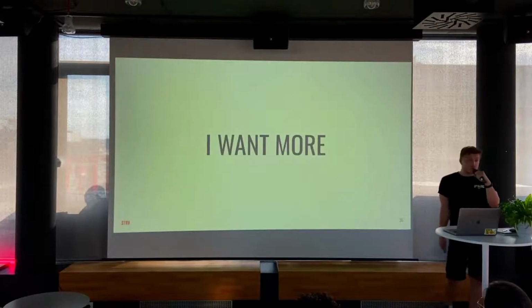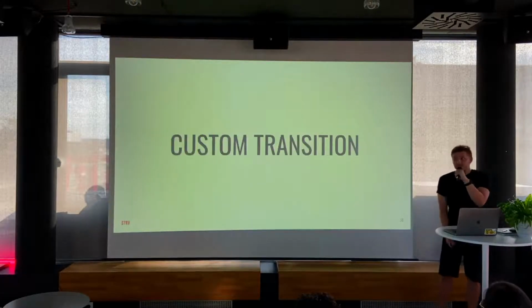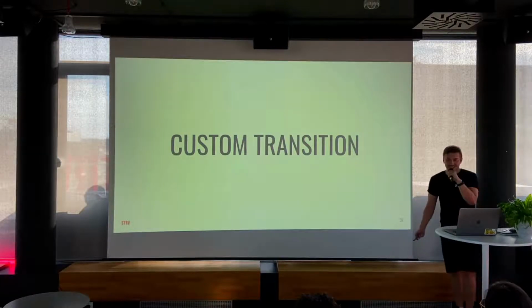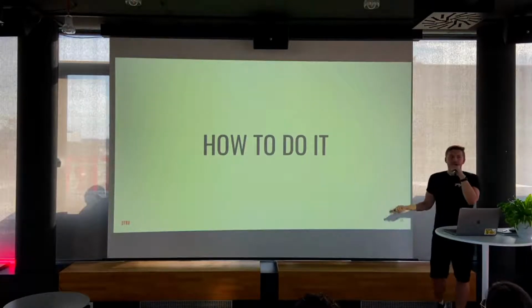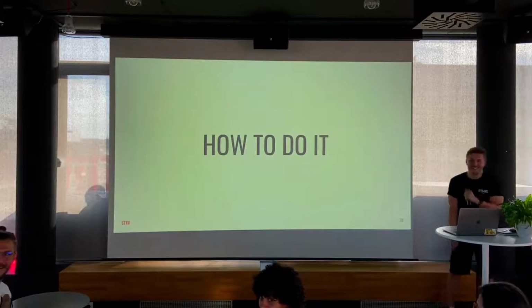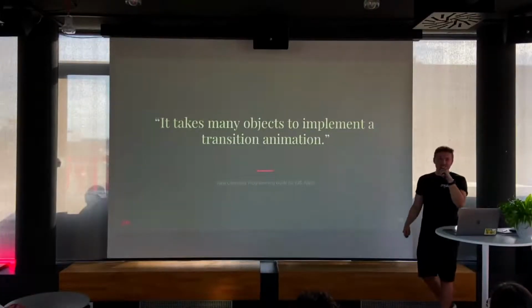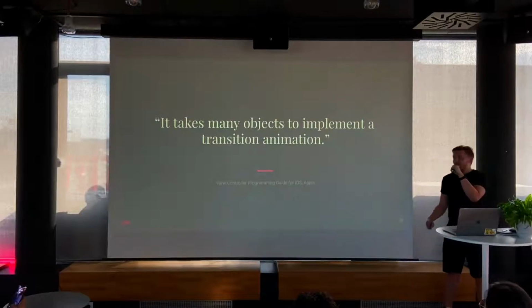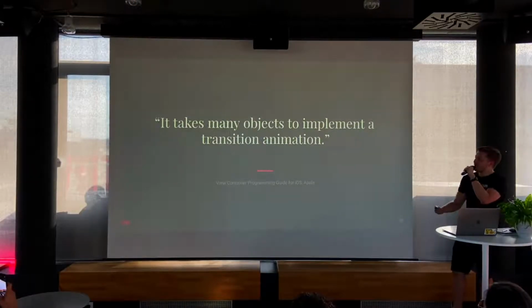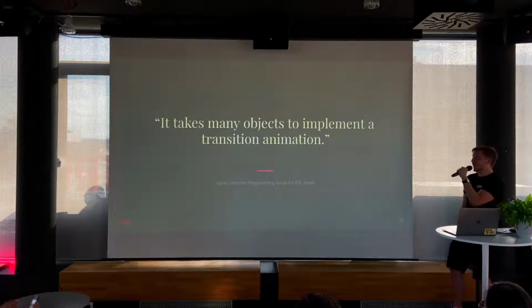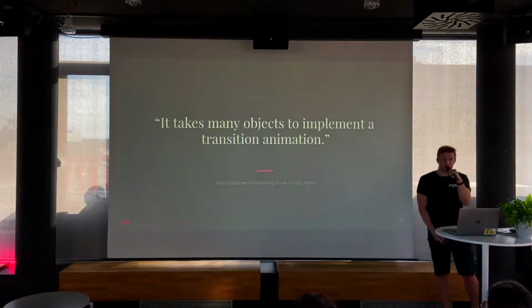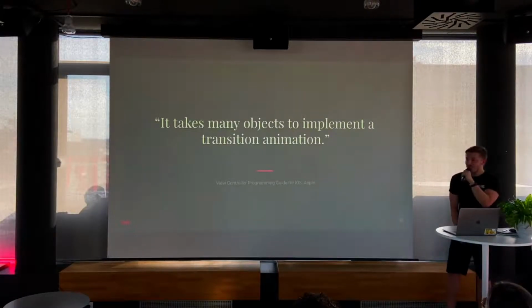But what if you want more? Then the answer is custom transition. How to do it? Well, let's start by code from Apple's documentation. It takes many objects to implement a transition animation.